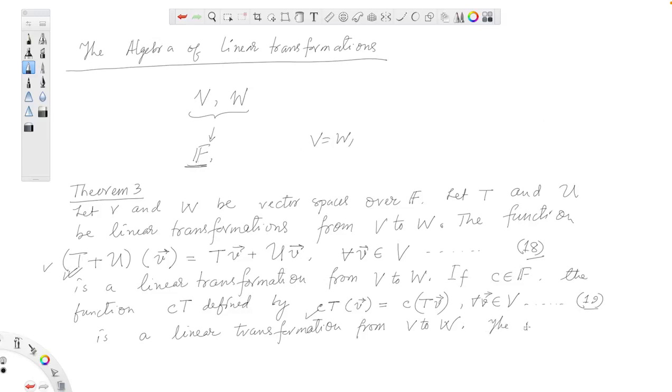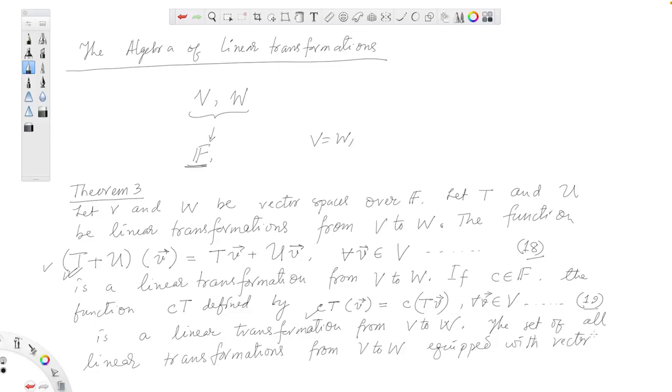The set of all linear transformations from V to W equipped with a vector addition.